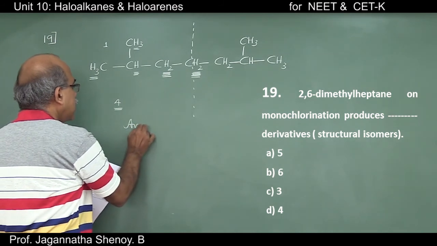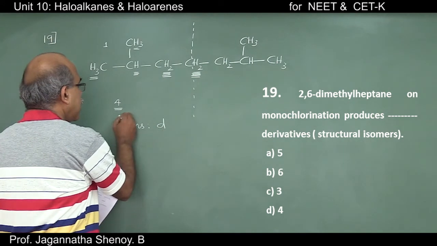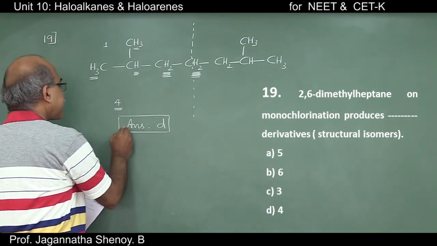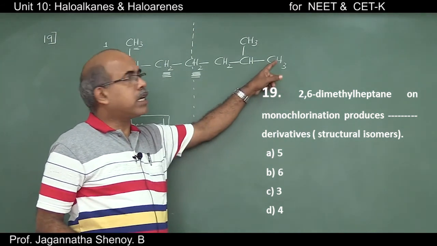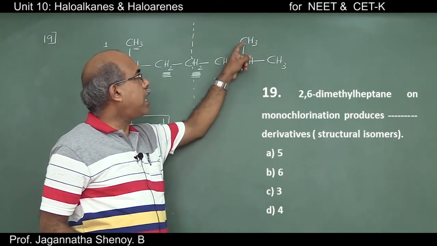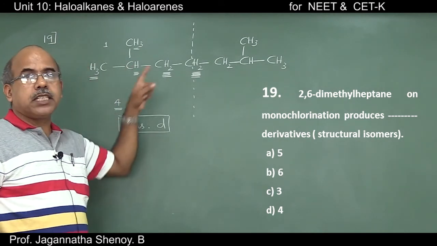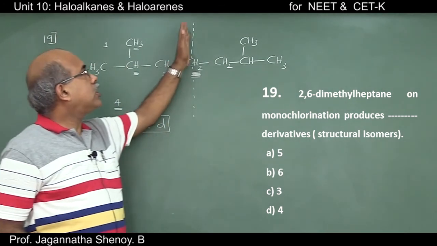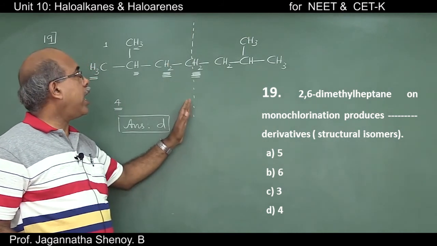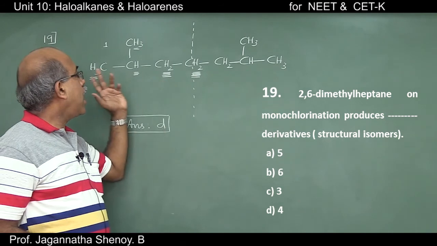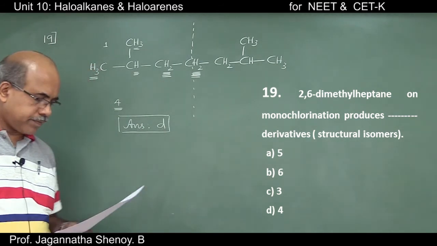Or in other words, the answer for this question must be option D. I repeat, if I go on replacing hydrogen atoms from this side, it will be the same as replacing hydrogen from this direction. That's why I stopped replacing hydrogen atoms by one chlorine atom at this particular stage. I am going to get 4 structural isomers.